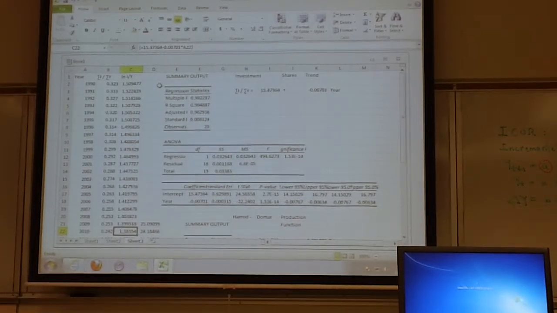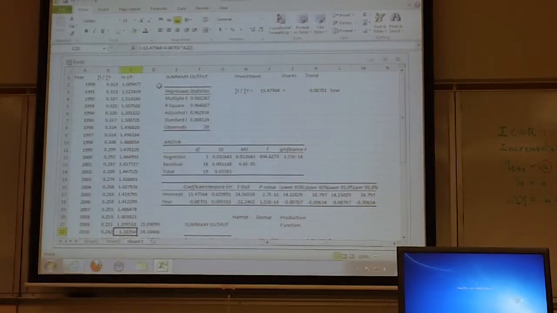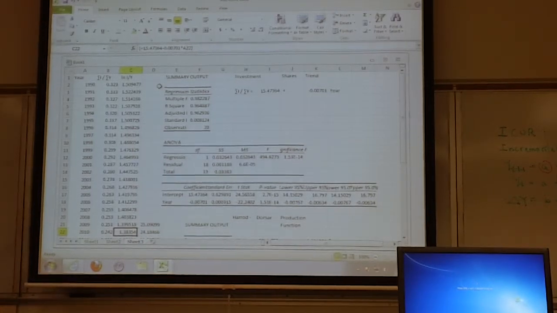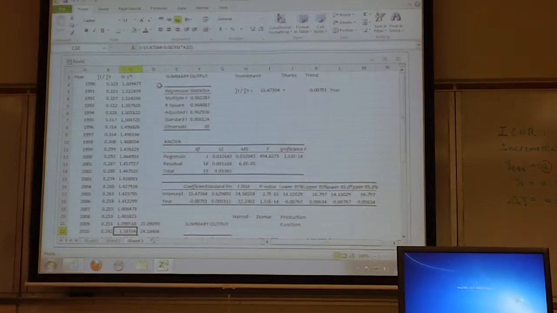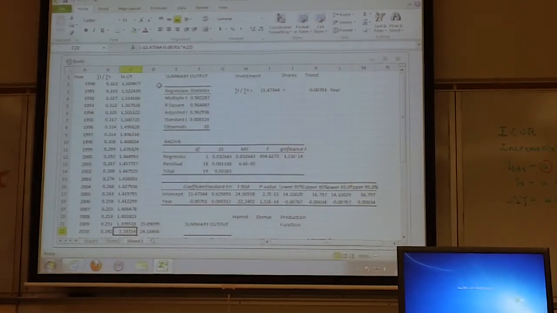Is it negative 0.07 times the year, plus this? Yeah, 2010, whatever it is, times the year, right. You see the equation up there? We use the coefficient for that times 822.